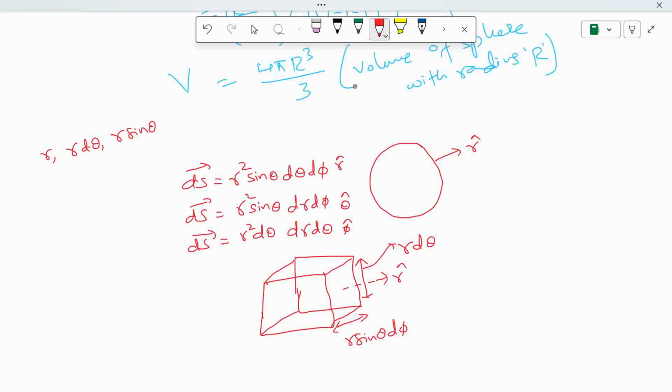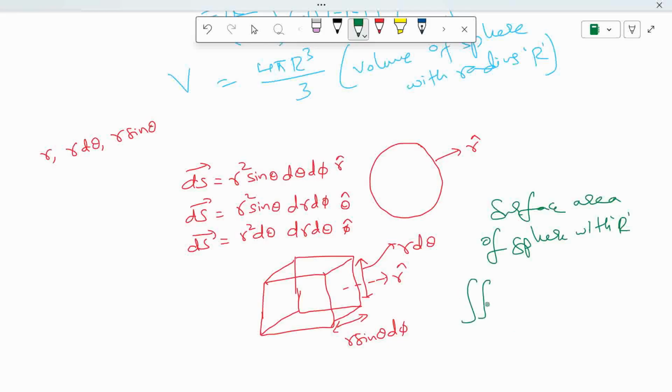Now we can calculate the surface area of sphere with radius r. So in order to do that, see, surface area we can calculate when the normal direction is r cap. So we have to consider this surface for that. And for surface integral, we have double integral.